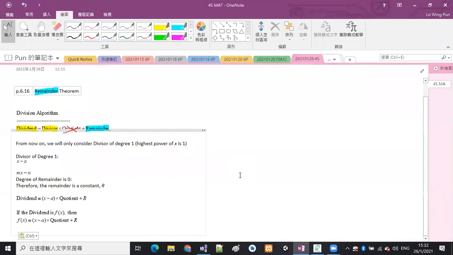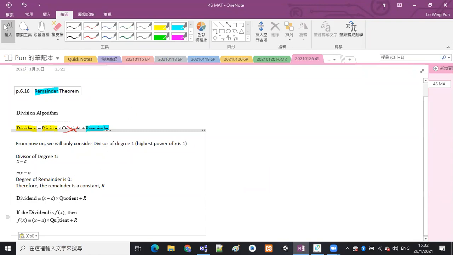Can you get this? In the question, they will give you the formula of f(x), so you can calculate. Then what do we want to find? Actually we want to find the remainder. If we want to find the remainder only, we do not care about the quotient. We want to find R, only in this question.